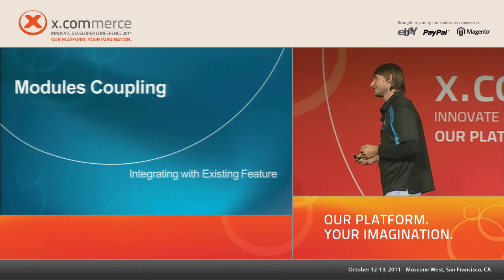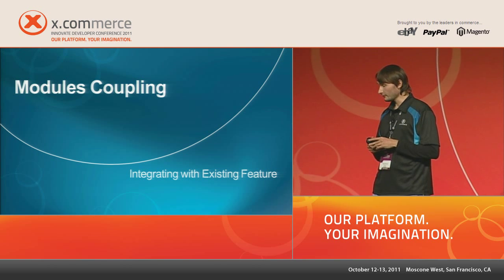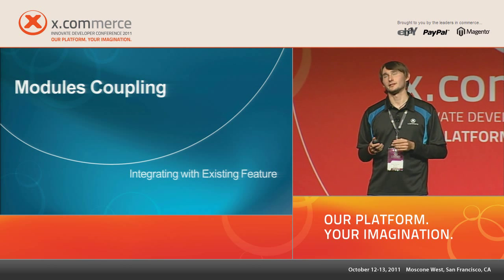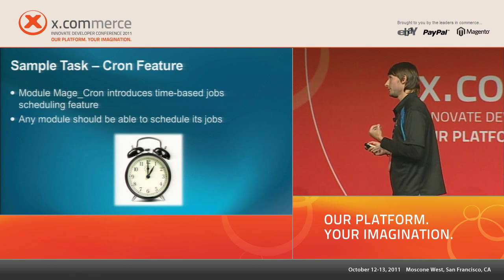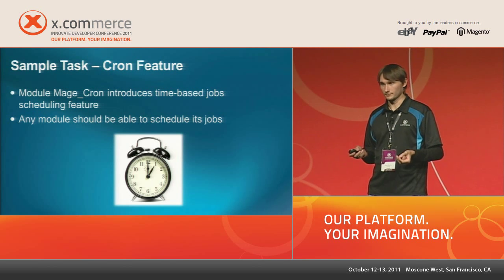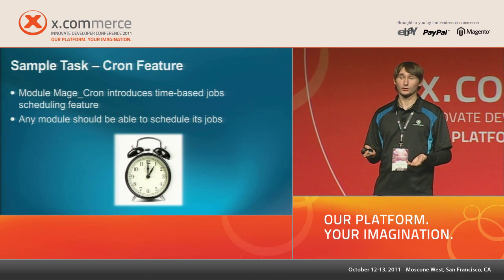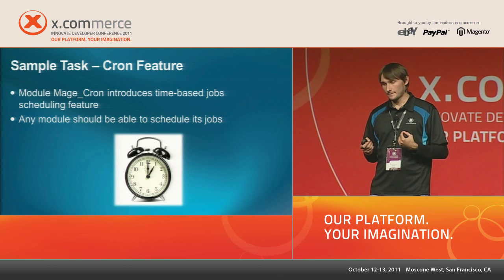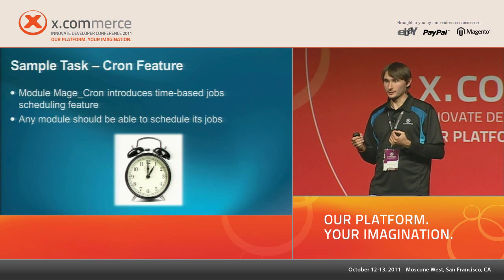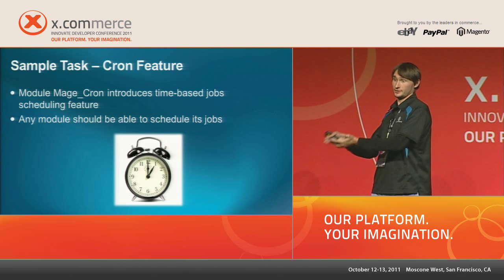Okay, and the next typical module behavior I would like to discuss with you, I call it integration with an existing feature. So let's look at the example of the cron feature. What is the cron feature? It's time-based job scheduling. So we would like to have a cron module that is able to compare the current time with the needed time when the job should be executed and actually execute this job.